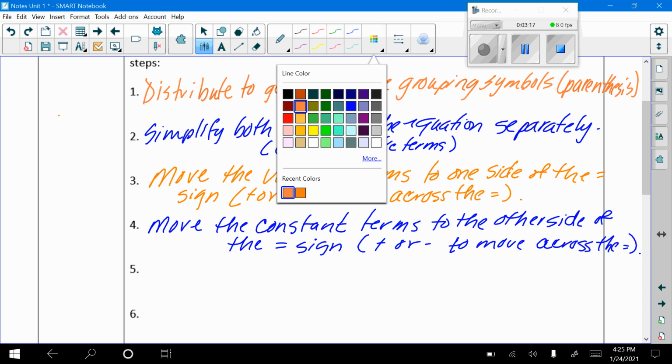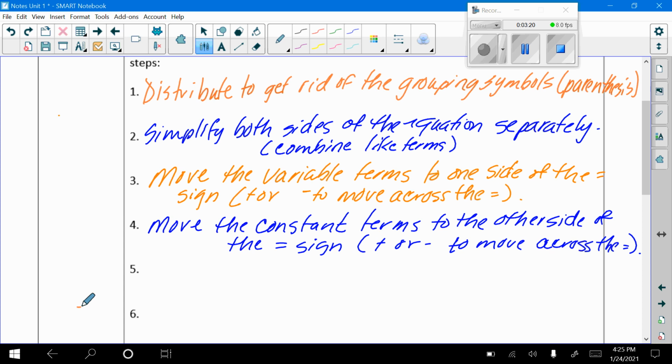The fifth thing we're going to do is use the properties of equality. And when I say that, I mean you're going to do it to each side to solve the problem.